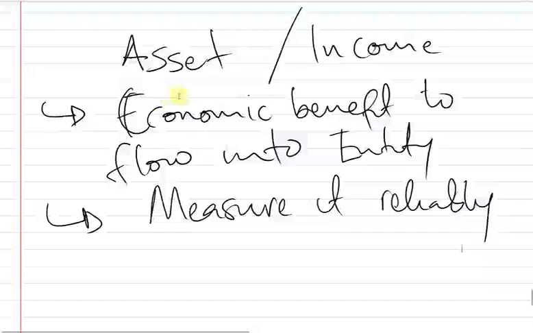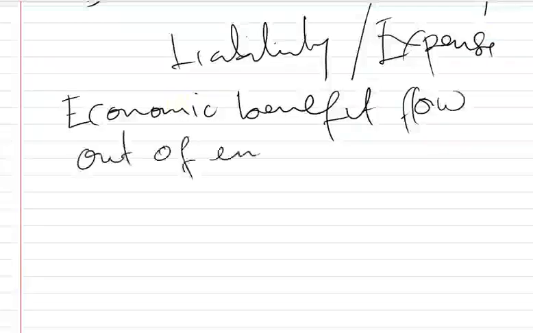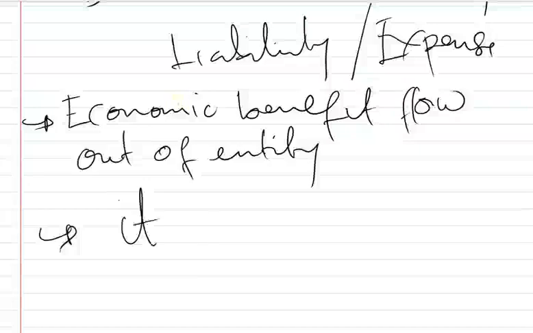Right? The other thing is liabilities and expenses. So for this one, we are expecting economic benefit to flow out of the entity. That's the first thing. And the other thing, it can be measured reliably. You can give it a value.